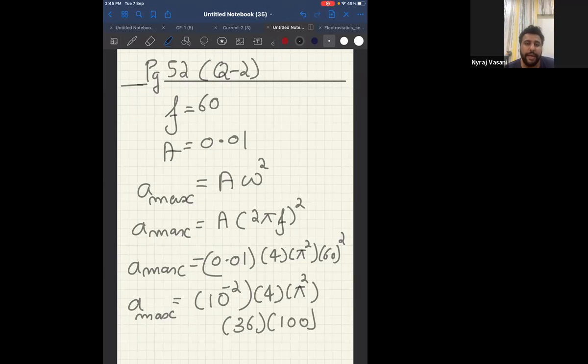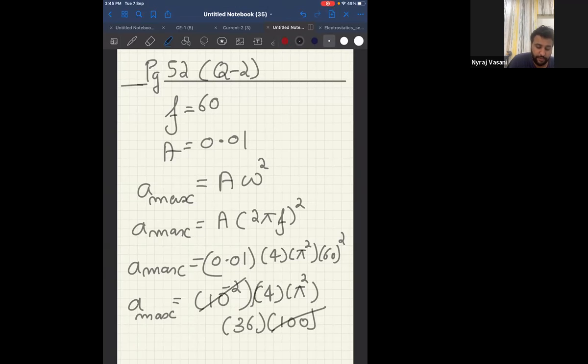Everyone understood what I wrote? 60 square I wrote as 6 square, 36, and 10 square as 100. You know why I wrote that? I wrote that because this and this will directly cancel, because 10 power minus 2 and 10 power 2 can directly cancel. I hope all of you understood. 60 square is actually 3600, but I have written 36 into 100 so that 10 power minus 2 can cancel with 100.